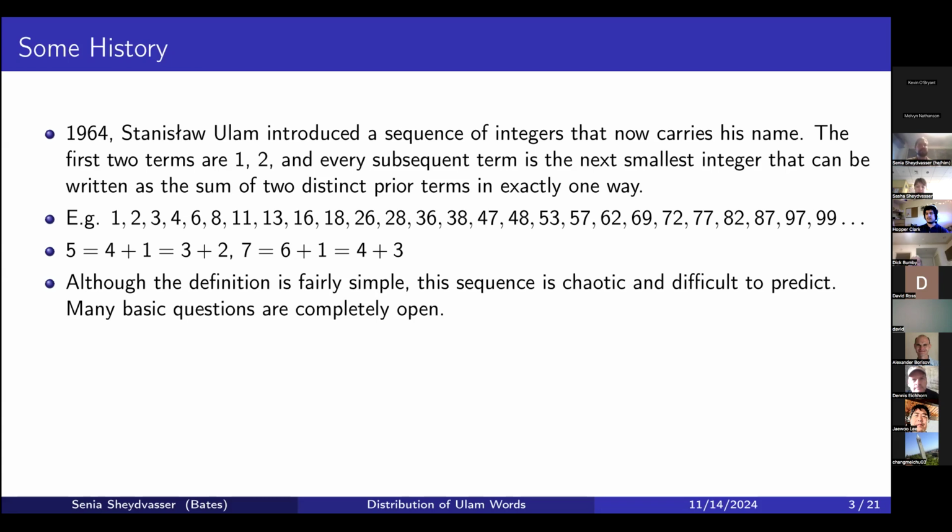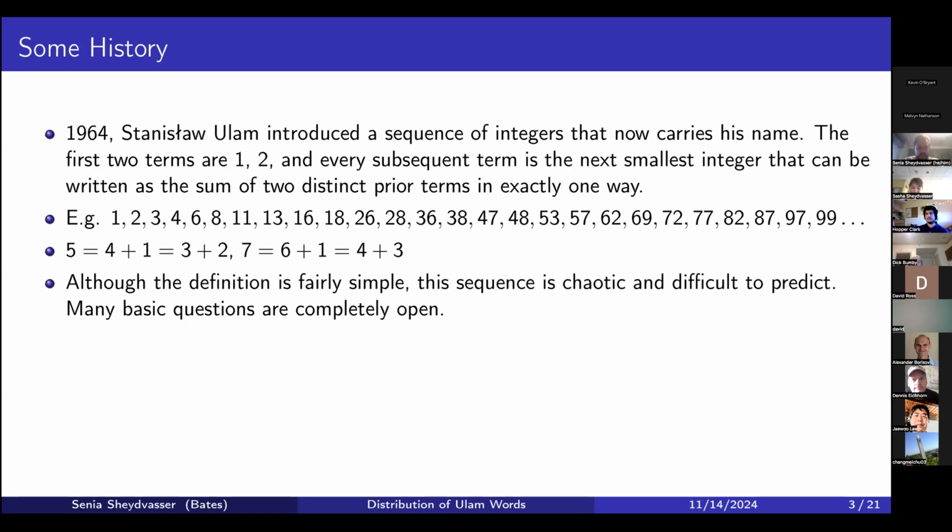So this seems like a very simple definition. It seems like it should be some straightforward problem in combinatorial number theory. In practice, when you try to work with it, it seems to be very chaotic, and it's difficult to predict what the next term is going to be.